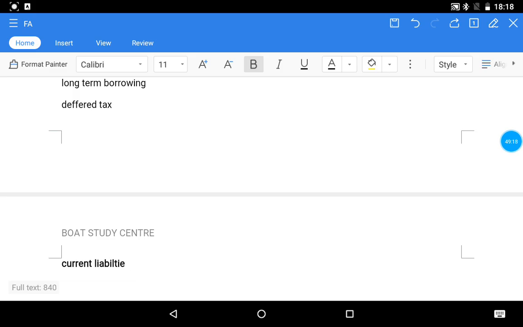Under current liabilities, we have trade payables. When you talk about trade payables, these are things, for example, where you went to your supplier and bought things on credit. When you buy things on credit, we record them as trade payables.